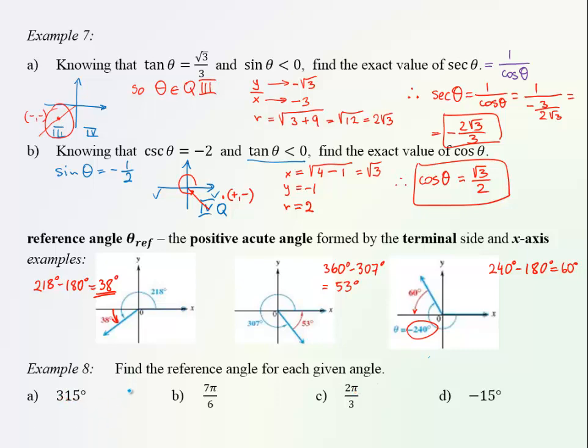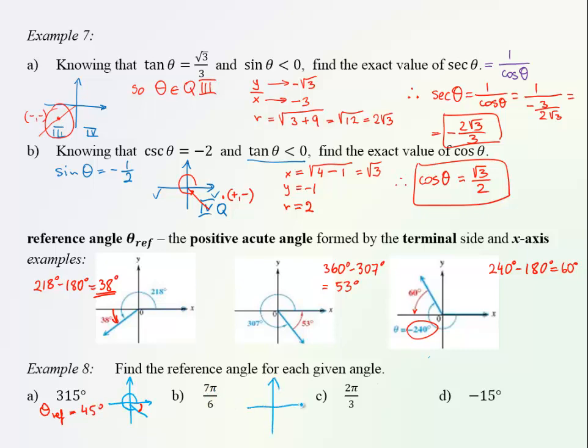315. To figure it out, let's sketch quickly where the 315 could be. Well, it's more than 270, so it's somewhere in the fourth quadrant. Therefore, the reference angle is the remaining part. So theta reference in this case is 360 minus 315, which is 45. Next, we have an angle in radians.